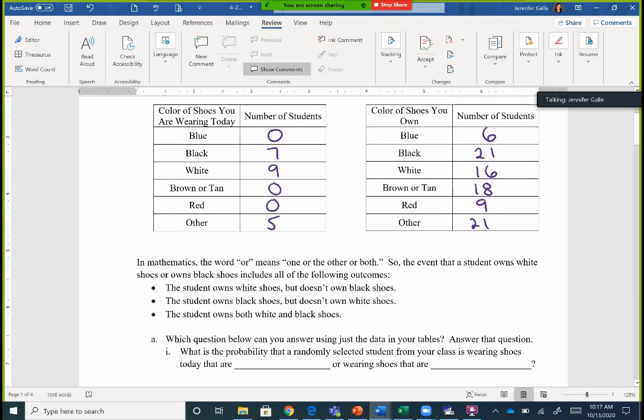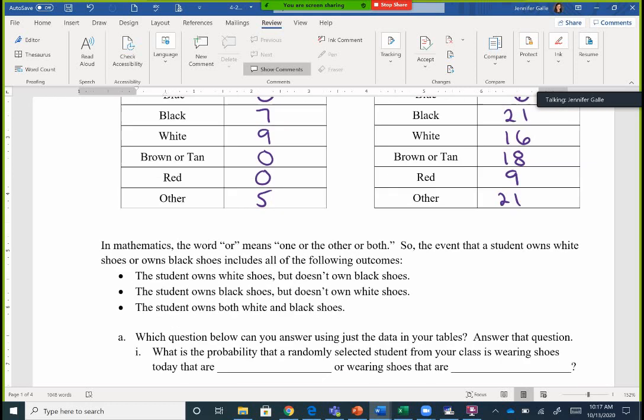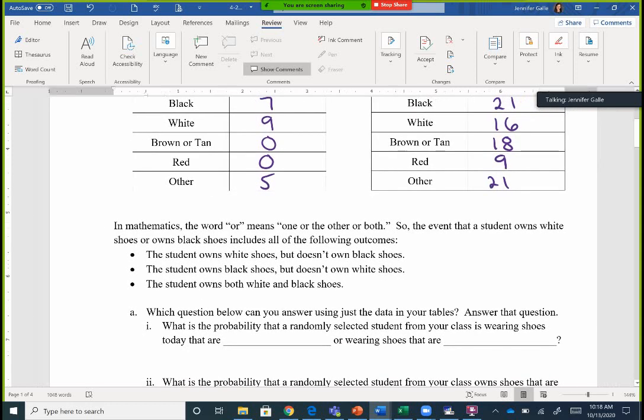Okay, so we're going to use our data to start discovering some probability rules. We talked about a lot of the basics yesterday. So before we continue on, I just want us to read the little blurb right below these tables. It says, in mathematics, the word or means one or the other or both. So the event that a student owns white shoes or black shoes includes all the following outcomes.